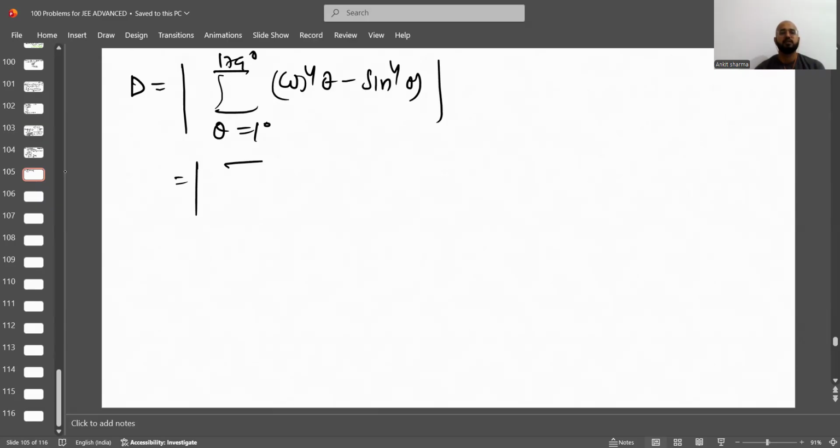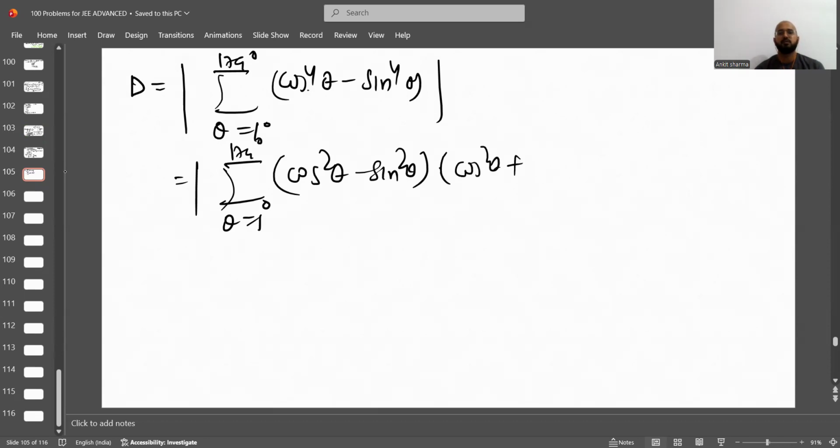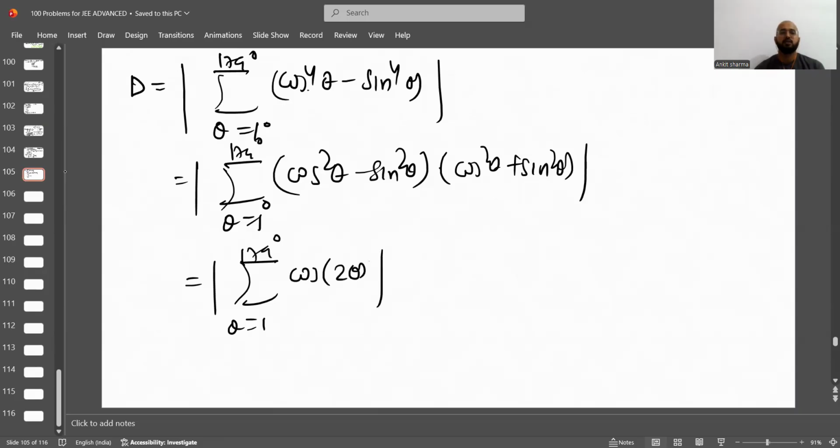This could be further written as sigma theta equals 1 degree to 179 degree of cos power 4 minus sine power 4, which is cos square minus sine square into cos square plus sine square, but that is 1. So it's simply sigma theta equals 1 to 179 degree of cos 2 theta.